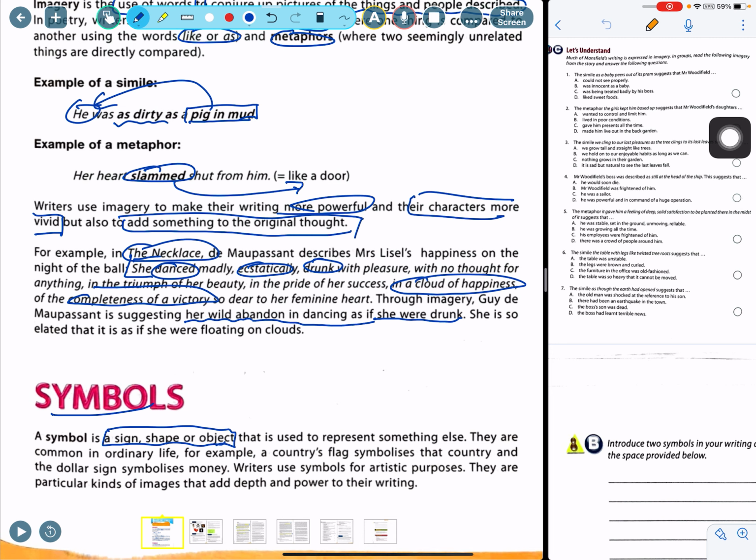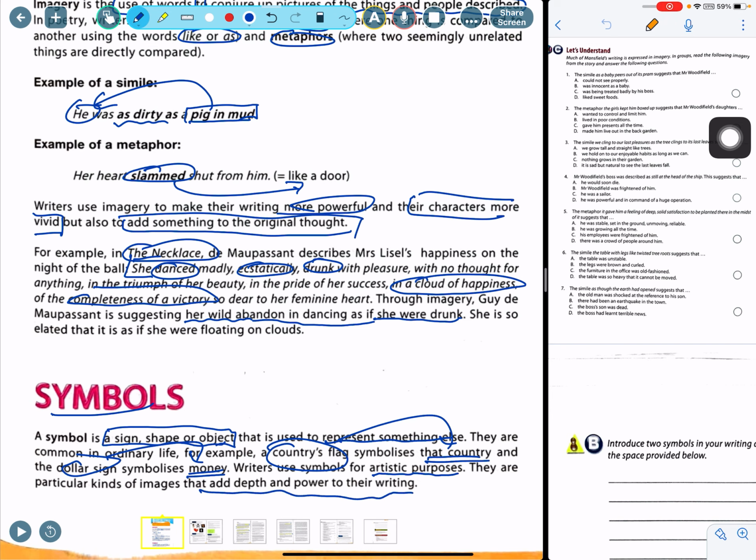It's just a sign, shape, or object that represents something else. Just like a country's flag symbolizes that country, it's as simple as that. Or a dollar sign symbolizes money. So now when we see the object, we can basically think of that person or that thing. It's for artistic purposes: particular kinds of images add depth and power to their writing.